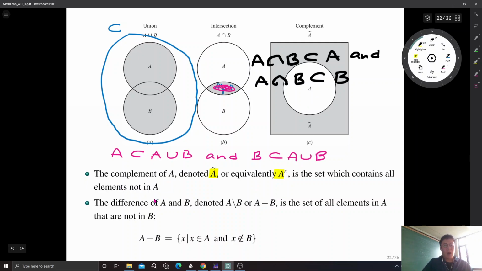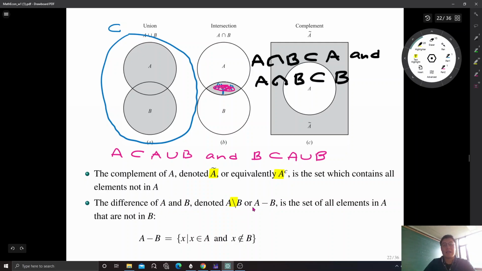And finally, we can define the difference between two sets. The difference can be expressed as A minus B, just as we express the difference of two numbers as a minus b. But to distinguish set difference from the standard difference, sometimes we use this backslash. These two have the same meaning.